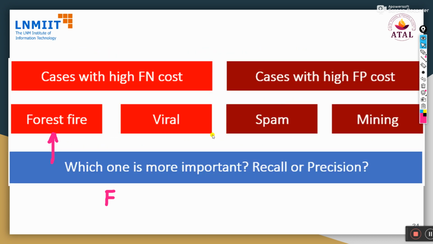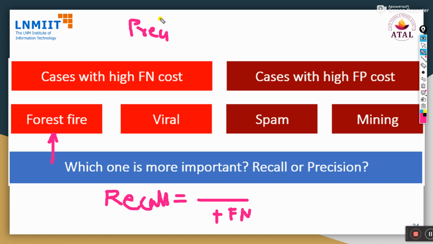In that case, recall will have the false negative term, but the precision will have the false positive term in the denominator, along with true positive.